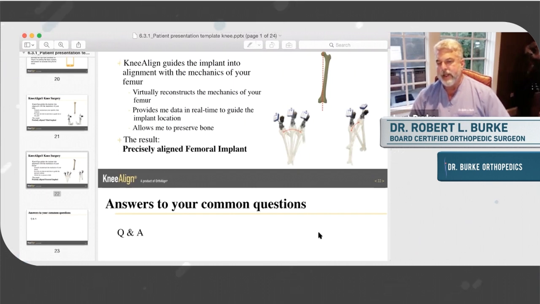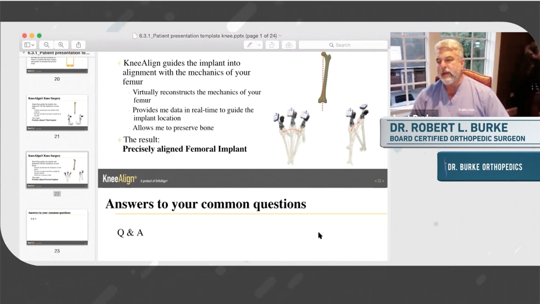In order to determine whether or not he would be a candidate for partial knee replacement, he would have to have disease or arthritis, normally in a single compartment of the knee, usually the inside. His knee should be stable. That means that he doesn't have any instability due to an ACL insufficiency. And ideally, the kneecap or the patellofemoral joint should not have significant arthritis, although there is some discussion about patients doing well even in settings of having a fair amount of arthritis in their patellofemoral joint.